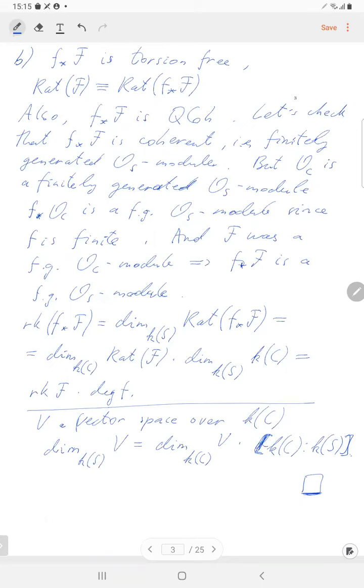It says that the direct image of a locally free sheaf is also a locally free sheaf, and you can control the ranks of these push forwards. And now we have this very important notion of the pullback of dividers on curves.